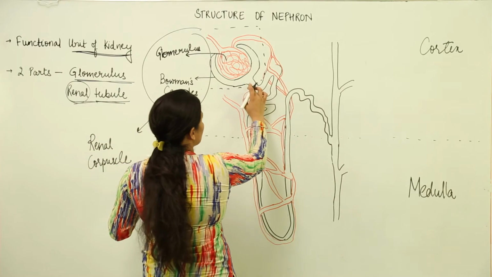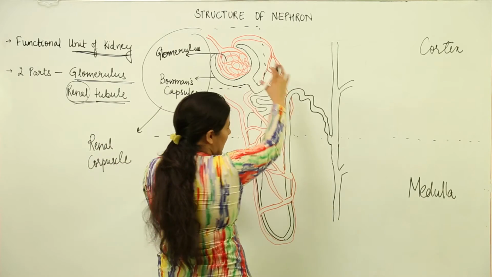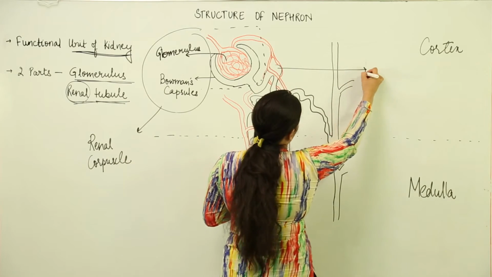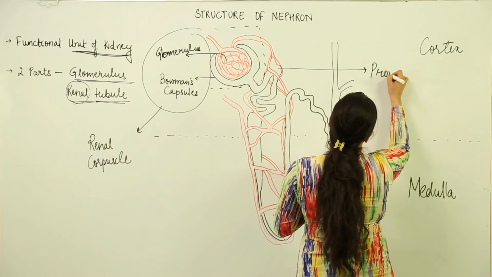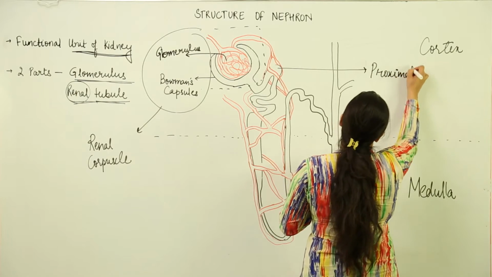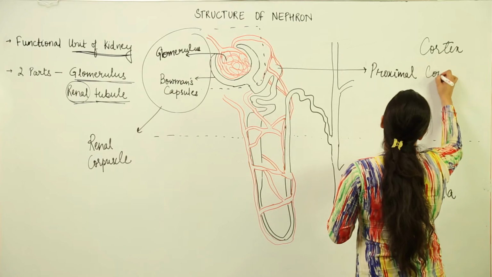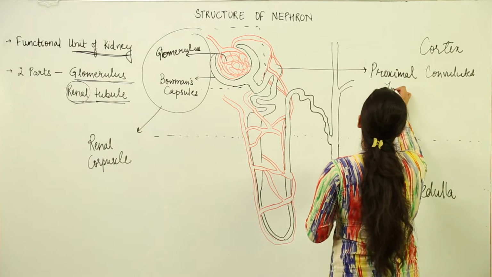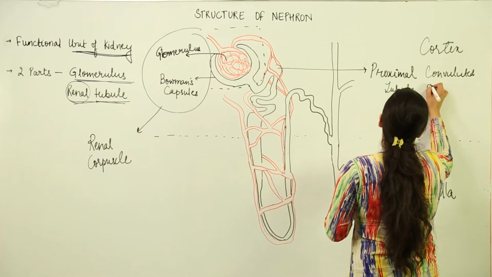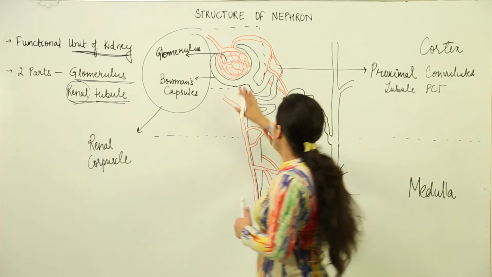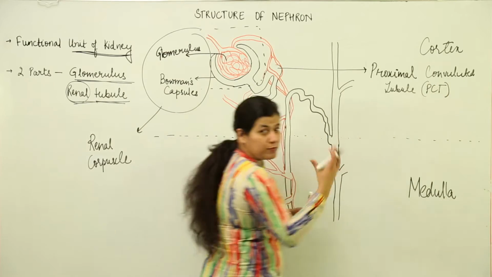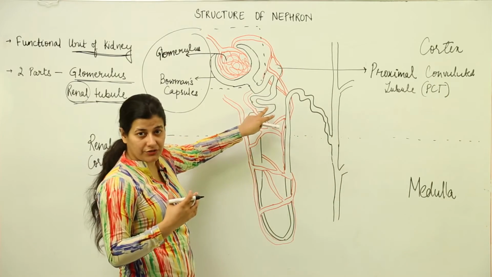Now this Bowman's capsule opens up into a highly convoluted tube-like structure that is known as proximal convoluted tubule. Proximal because it lies close to the glomerulus, or in short we call it PCT. Then this PCT is the absorptive and secretory part.